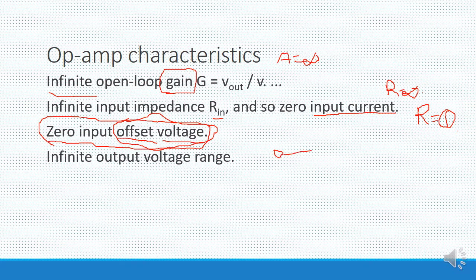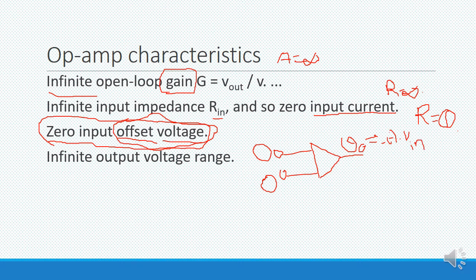Here you have your operational amplifier. If the input voltage is 0, inverting voltage is 0, non-inverting voltage is 0, then what output voltage do you expect? The formula is minus A into Vin, whatever the A value may be.